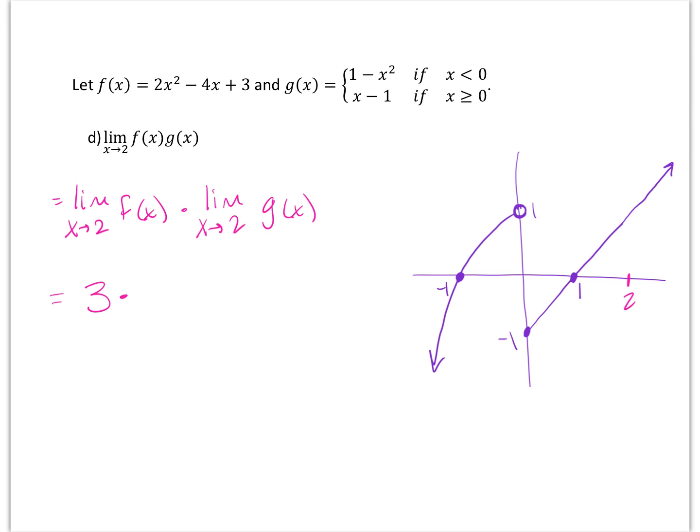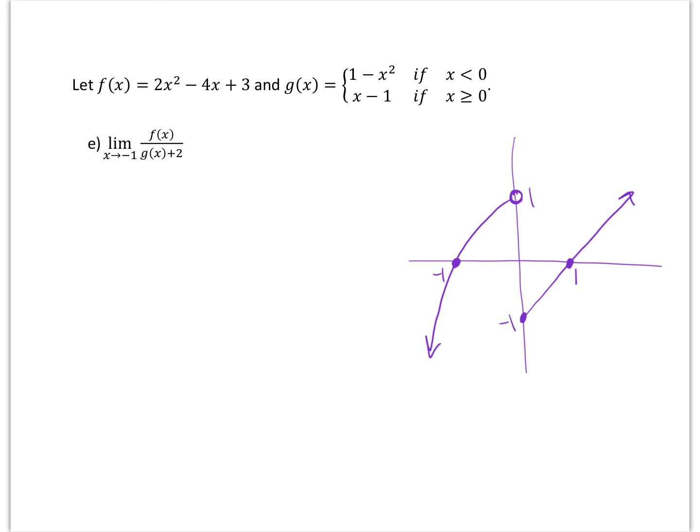Okay, so my little ants are going like this, approaching at my x value of 2. What is the y value there? Looks like it's about 1. We can double check by plugging in, right? That's the formula for the line. If I plug a 2 in there, I do get 1. Okay, so this is 3 times 1, which is 3.